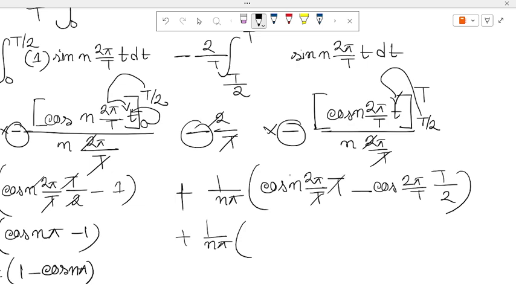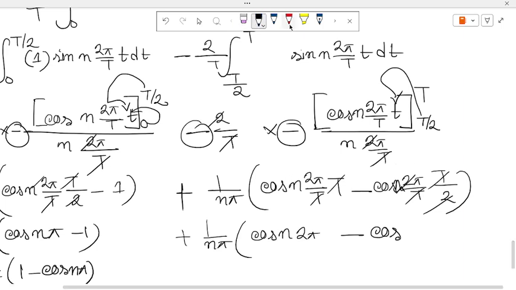So T cancels out, we have cos n into 2 pi, then T cancels out, 2 cancels out, we have cos n pi.